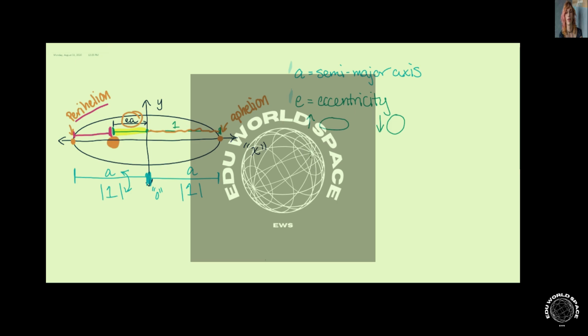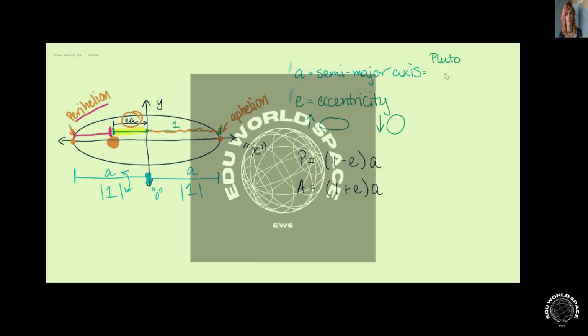Once again, perihelion is going to be equal to 1 minus E times A, and our aphelion is going to be equal to 1 plus E times A. Same proof.